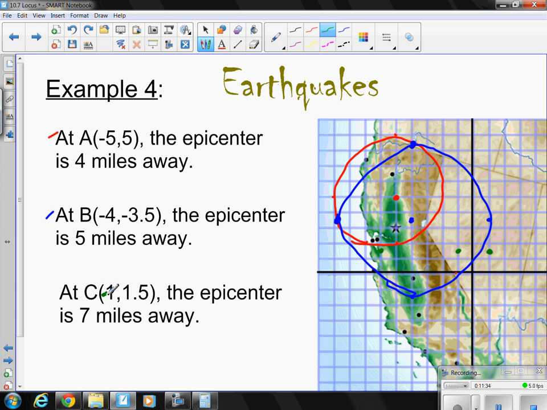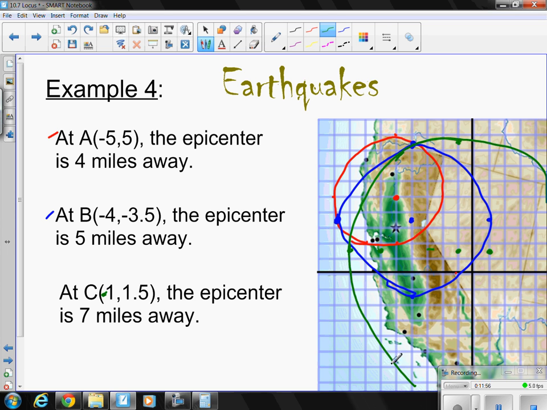Let's change this to a -1. Up 7. 1, 2, 3, 4, 5, 6, 7. Okay, 7 would be here. So you get this one registered the earthquake somewhere along here.